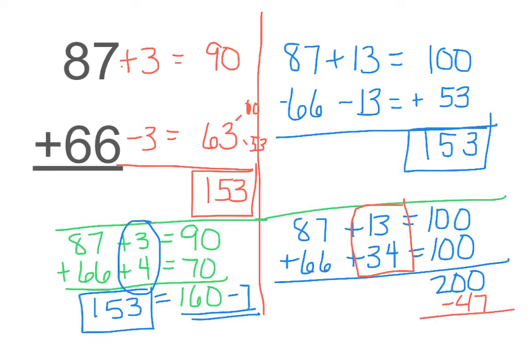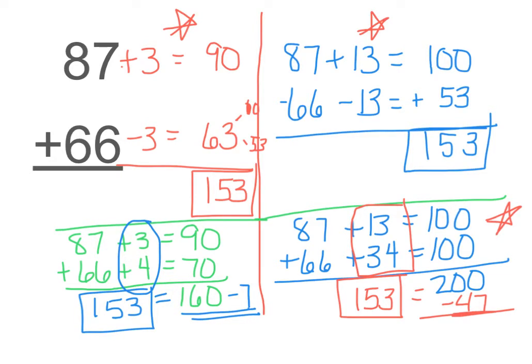Well, 200 minus 47, who is 47's partner? It's 53. So 153. If you're really good at your partners, this is a great way to do it. Otherwise, I would stick with either the first way or the second way.